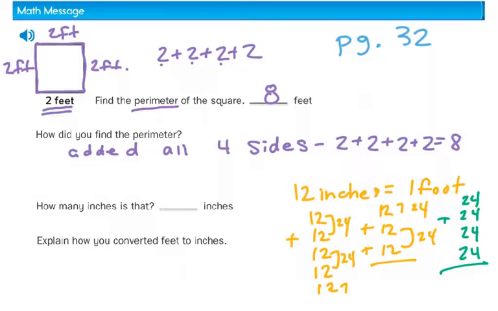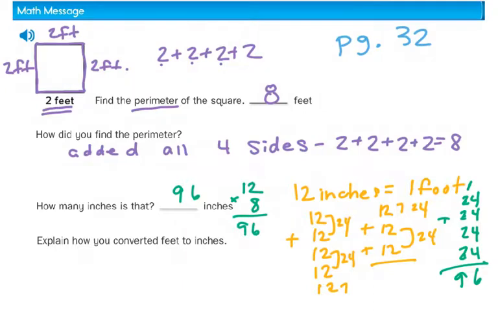4 plus 4 is 8. 8 plus 4 is 12. 12 plus 4 is 16. Carry my 1. 2, 4, 6, 8, 9, 96. Another way to do this is if you know how to multiply 12 inches in a foot, 8 feet would be 96.